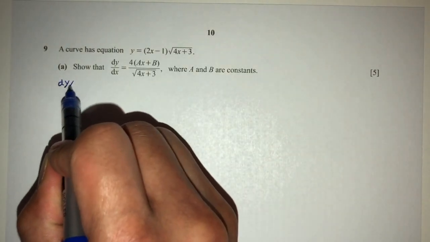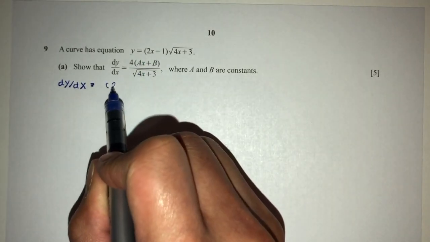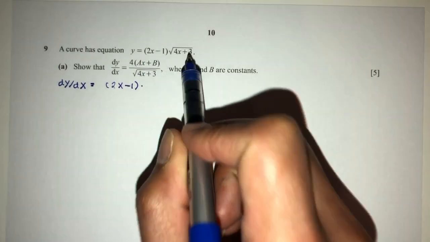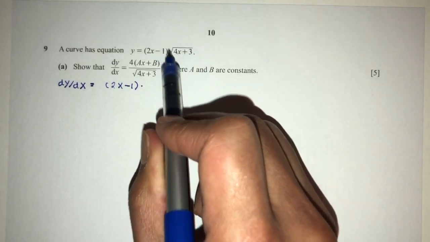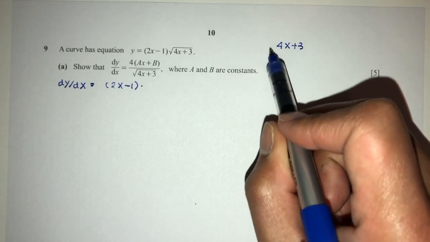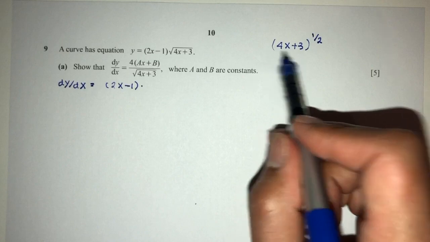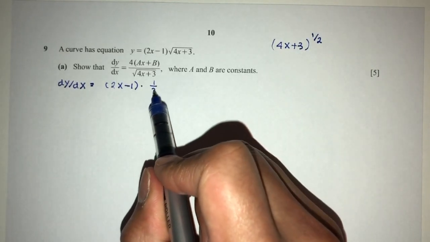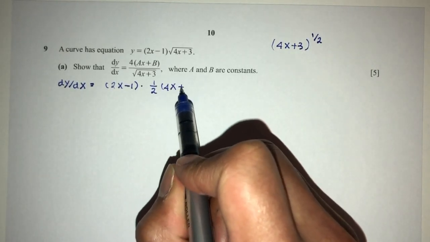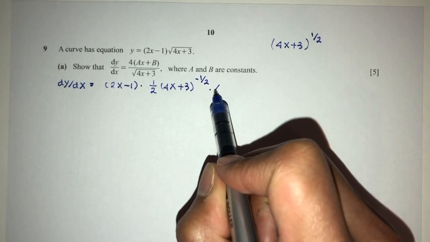So dy by dx will be what? That will be, we write the first one as it is, 2x minus 1 times d by dx of this one. So what is this? We know that square root of 4x plus 3 is actually power of half. So d by dx of this one will give you half times 4x plus 3 to the power minus half times 4.